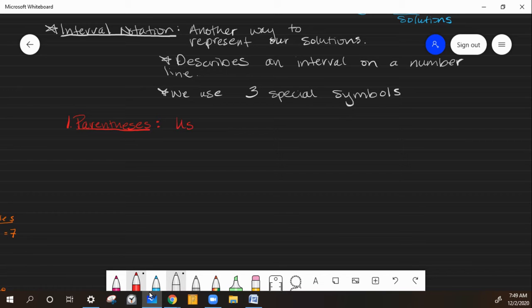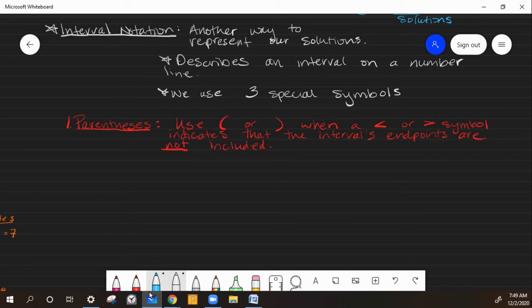We use parentheses, either an open parenthesis or a closed parenthesis, when a less than or greater than symbol indicates that the interval's endpoints are not included. That's a lot of words. We're going to refer back to it in a minute, so just hang on to that.